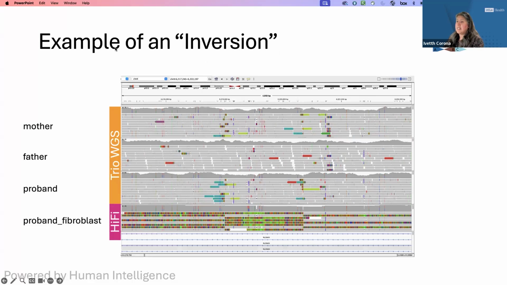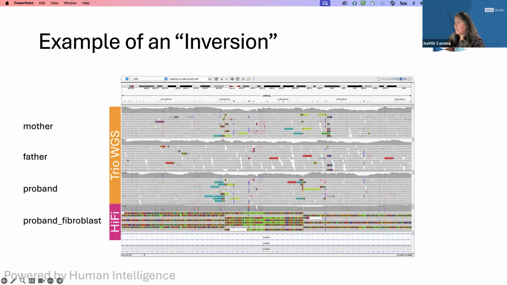And then this is another example of how we use SVTopo. This is an inversion. We have the same sample, mother, father, and proband, where we have a structural variant inherited from the mother. What we see in the whole genome sequencing is reads whose coloring is telling me that it could be a translocation. But what is really happening is an inversion.